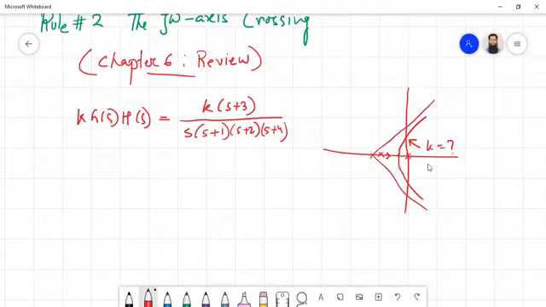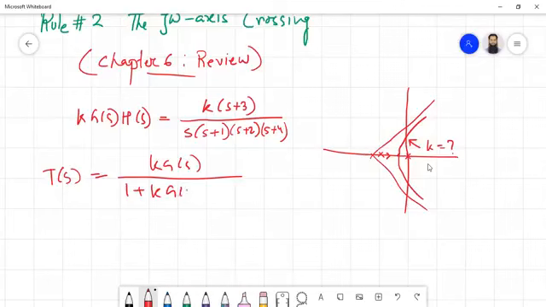So let us find the closed loop transfer function, because we have to deal with the characteristic equation. T(s) equals k G(s) divided by 1 plus k G(s)H(s). In this particular case we don't have to bother about H(s), because it was 1.